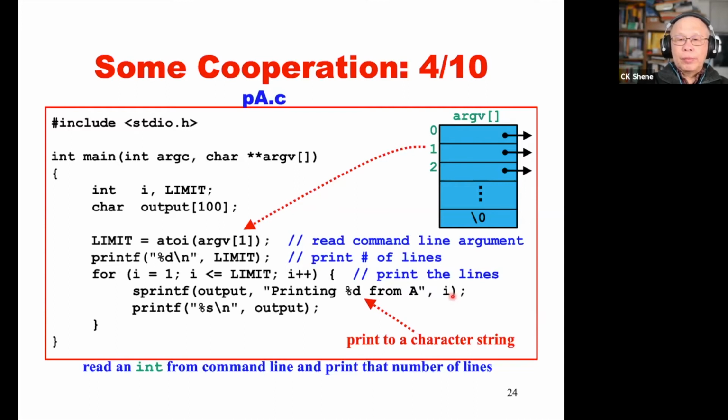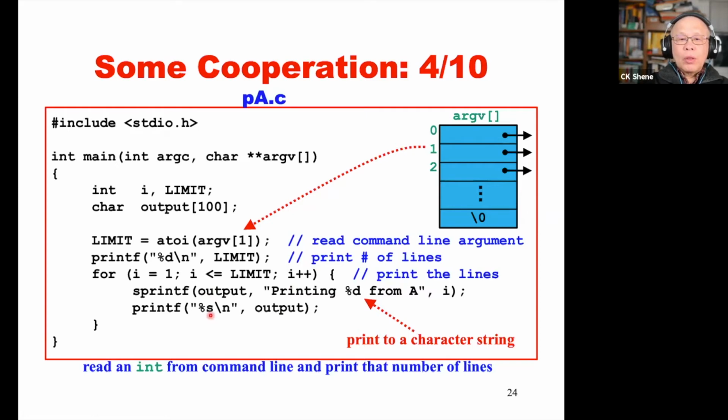So this part is exactly the same as printf. The only difference is that rather than printing to stdout, we print it to a character string. After this sprintf completes, we print it out with this string editing descriptor.